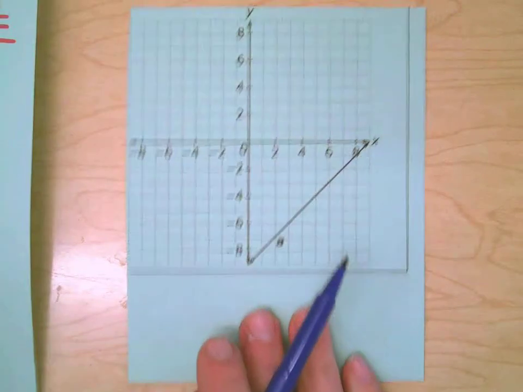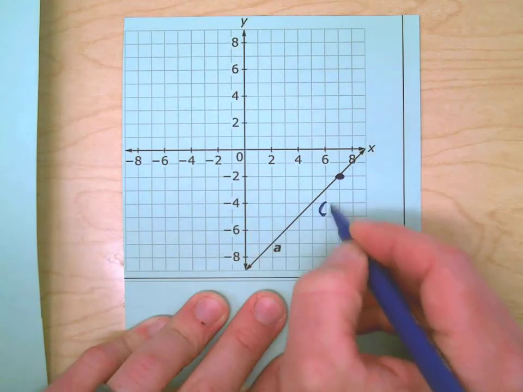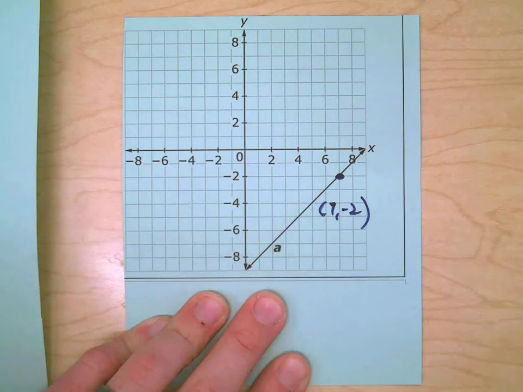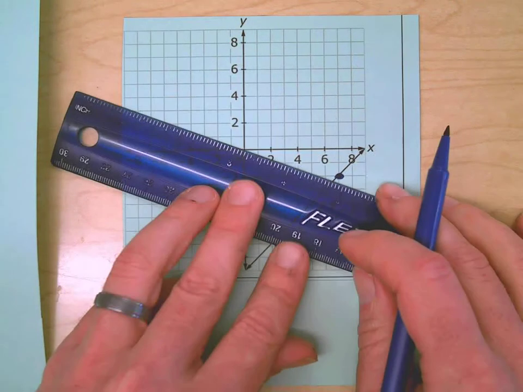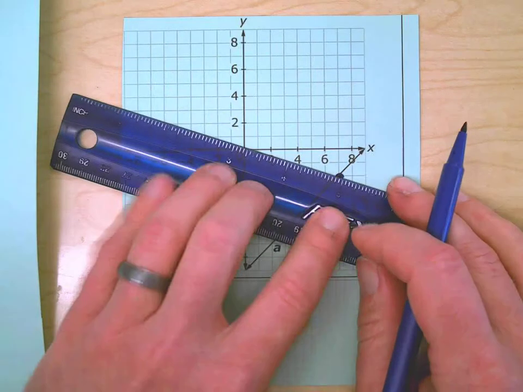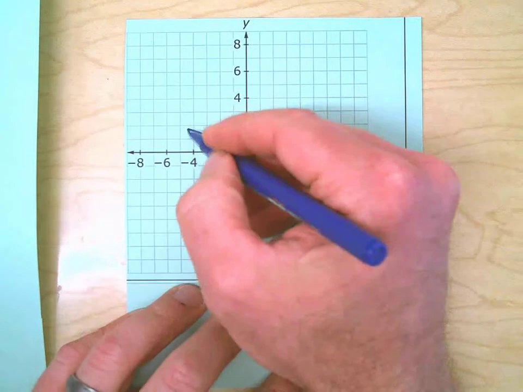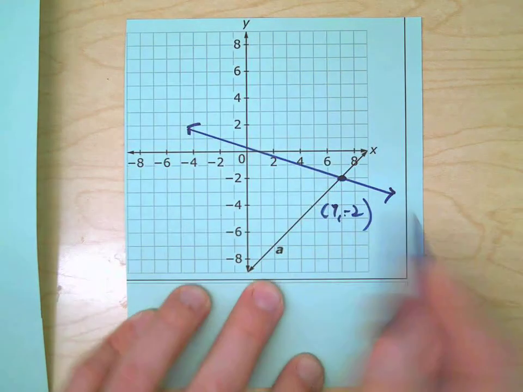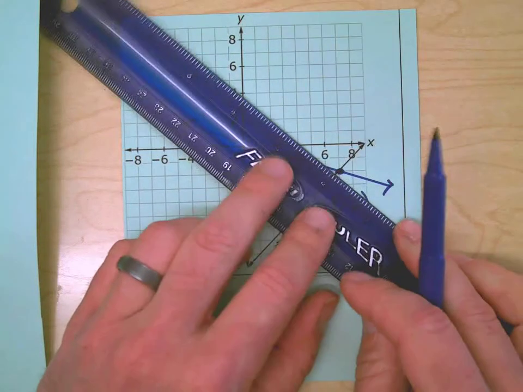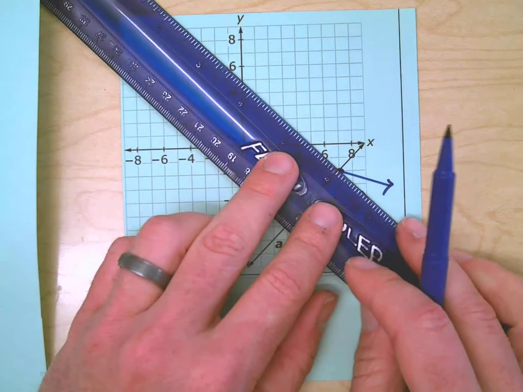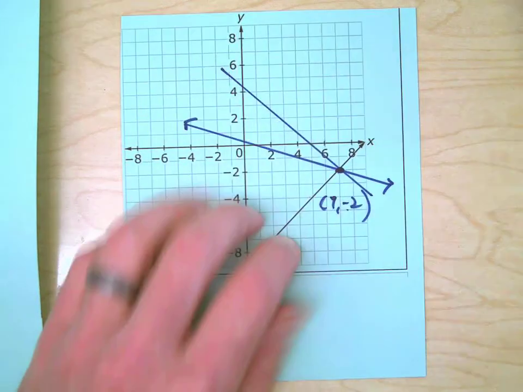So let's go back here and clean it up a little bit. There's my intersection of (7, -2). Here's the line. That's one border of my solution set, and my other border needs to be a slope of -1.